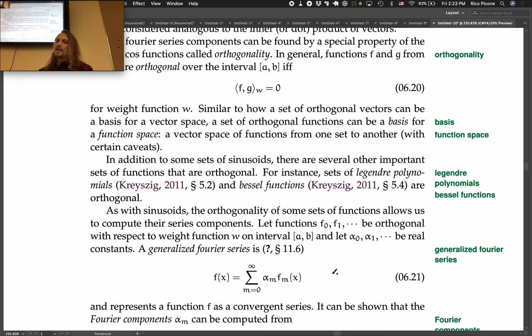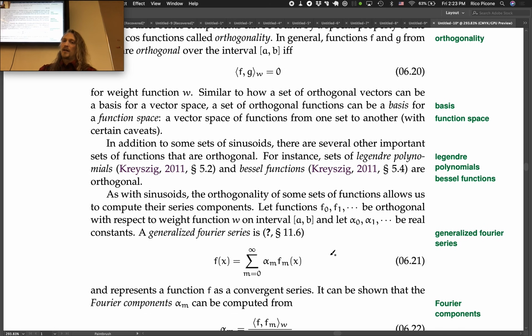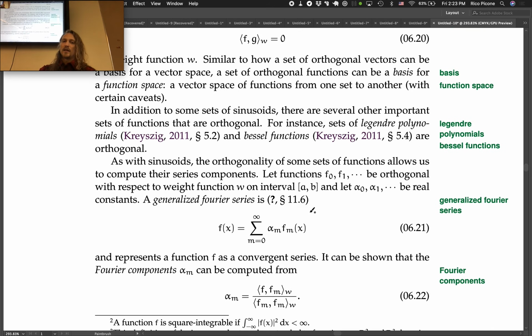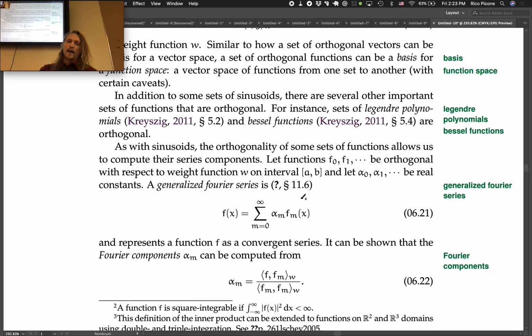Let functions f0, f1, etc. be orthogonal with respect to weight function w on interval a to b, and let alpha 0, alpha 1, etc. be real constants. A generalized Fourier series is, this is Kreyszig too, I don't know why it didn't show up, given by 621.